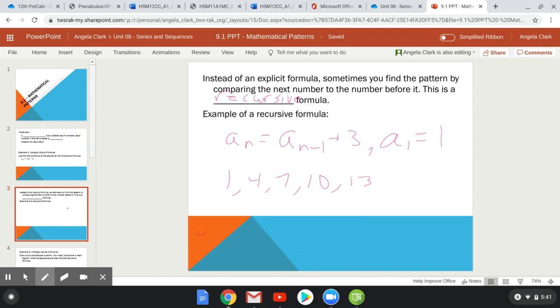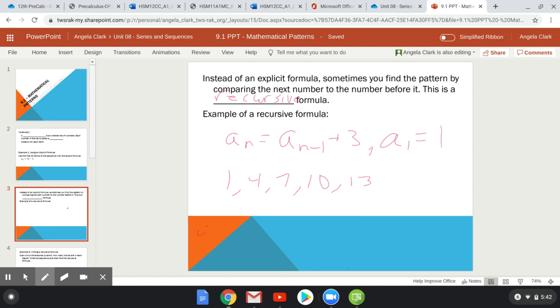The nice thing about explicit formulas is that I can find any term. I could find term 100, and I just plug it into the explicit formula, and I have the 100th term. But with recursive formulas, in order to find term 100, I have to know term 99. But to find term 99, I have to know term 98. You know what I'm saying? So I can't just find any term. I have to know the terms before it in order to find the next term.